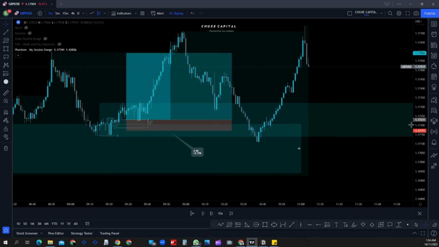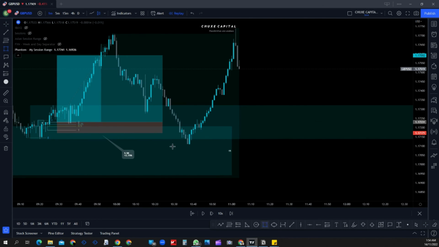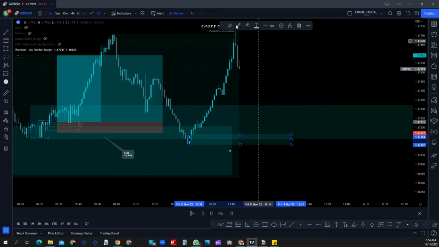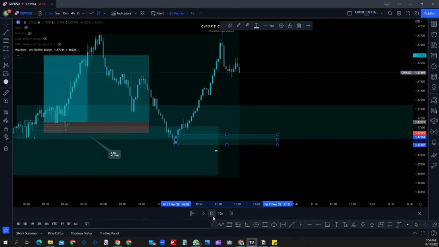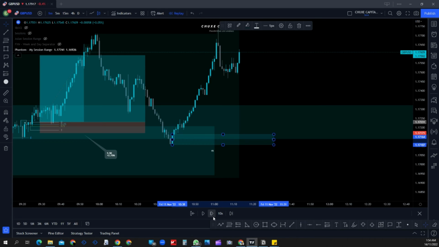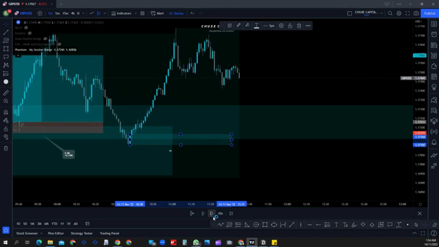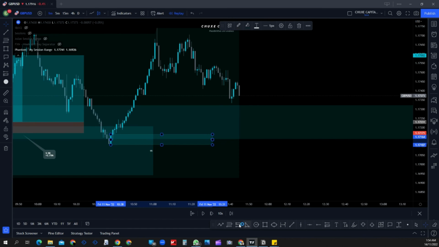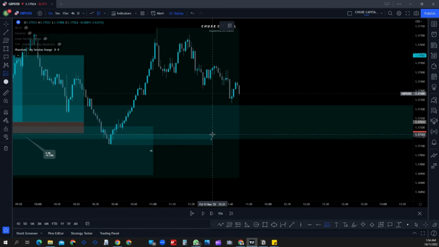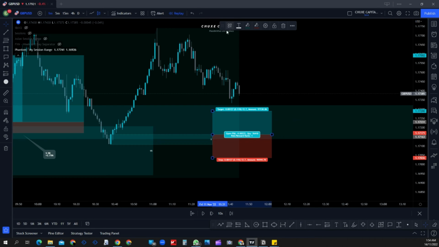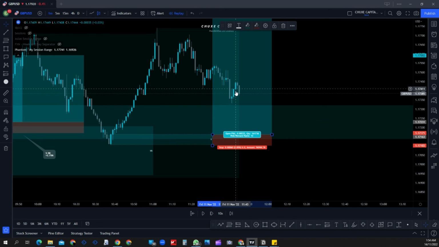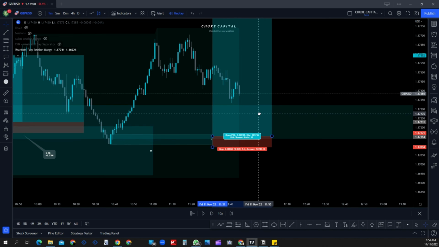Now we have this break. Wait and see what happens here. Put a trade there. 25.